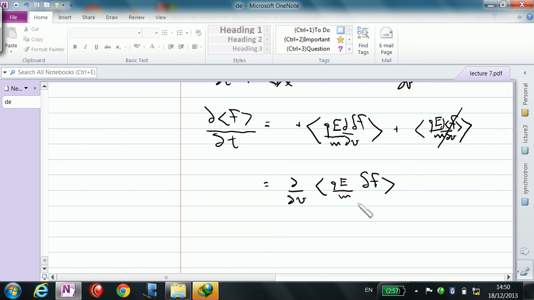Now, what did we have for delta F? Well, for a given value of k, we had delta F equal to minus i times Q over M, E_k, dF/dV, over omega minus kV.